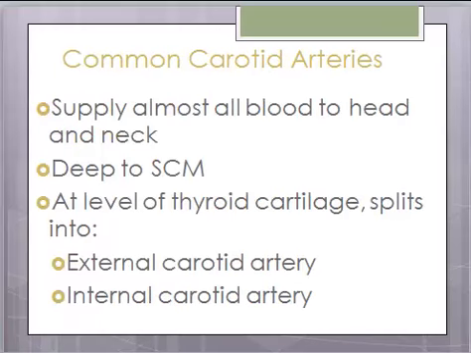So the common carotid arteries, the left and the right, they supply almost all blood to our head and neck. So these are pretty important arteries. These are the arteries that they're looking at when someone has coronary artery disease.